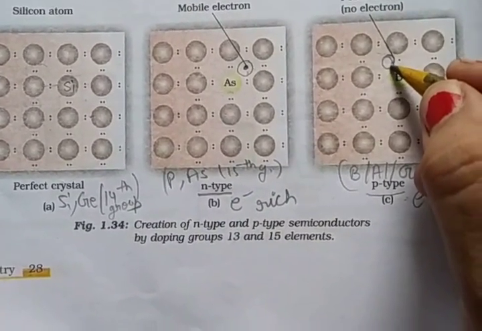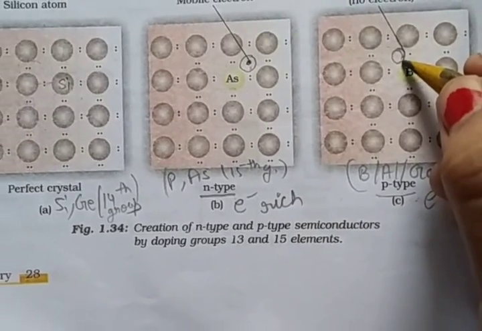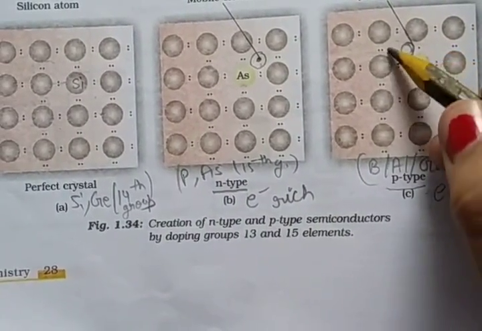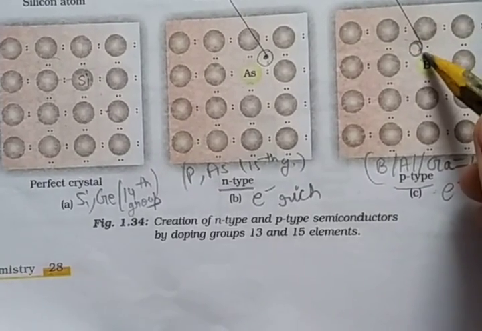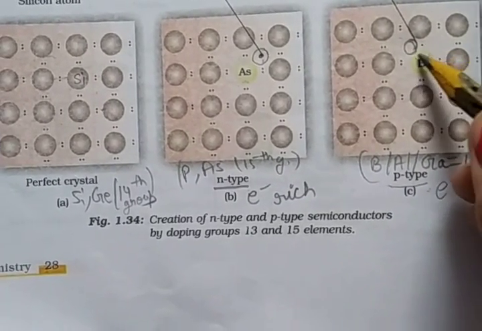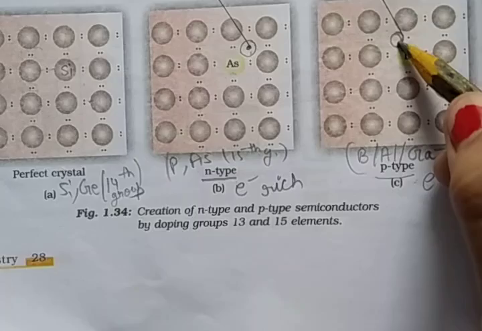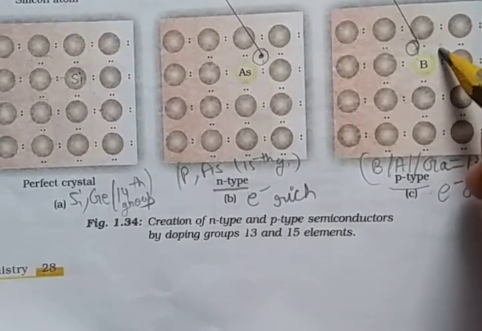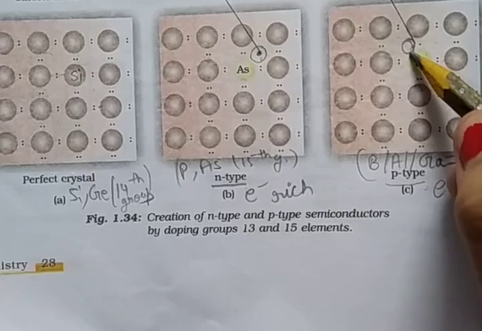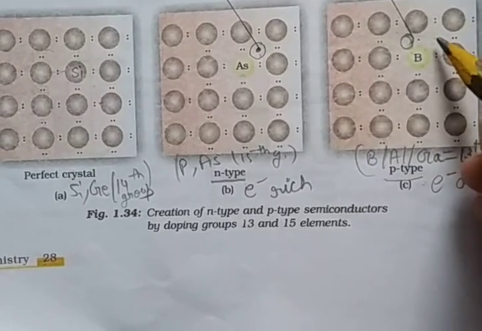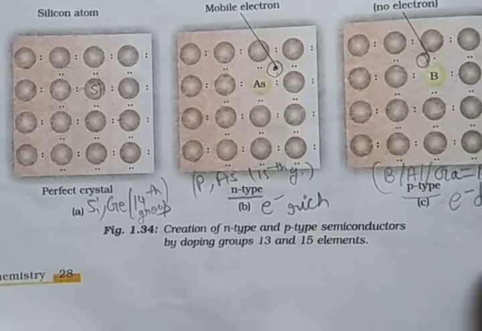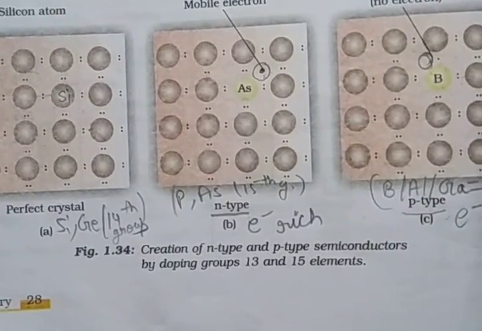So this type of semiconductor is called p-type semiconductor.